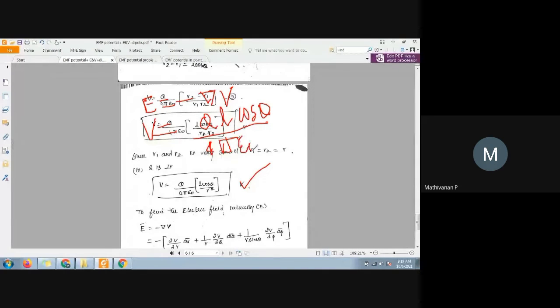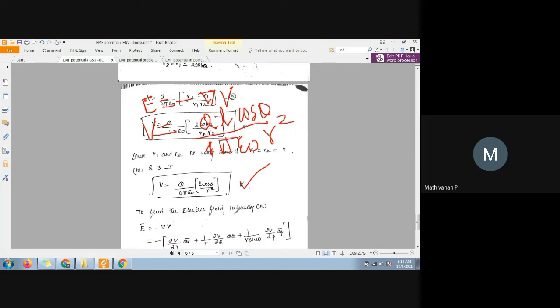epsilon naught R square. Now tell me, your potential is representing which coordinate system? Anyone from the class? Cylindrical. Cylindrical, how, ma'am?